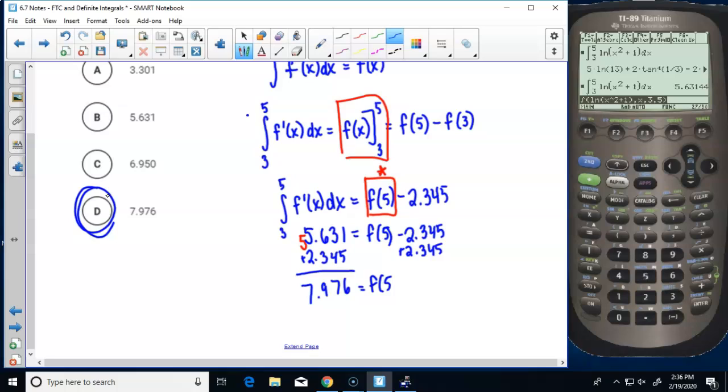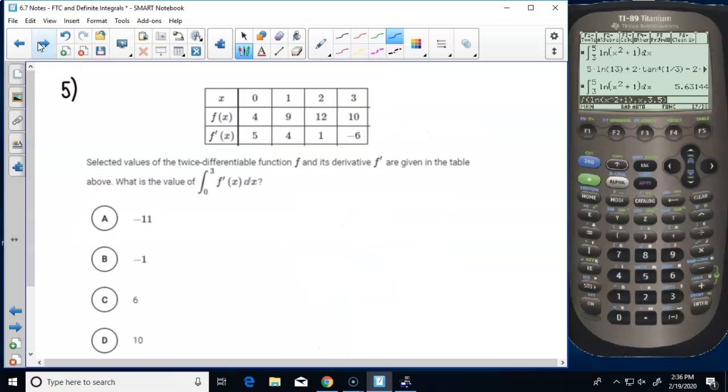Okay, questions? Okay, let's look at number 5. Selected values of the twice differentiable function f and its derivative f prime are given in the table above. What is the value of the integral from 0 to 3 of f prime of x dx?